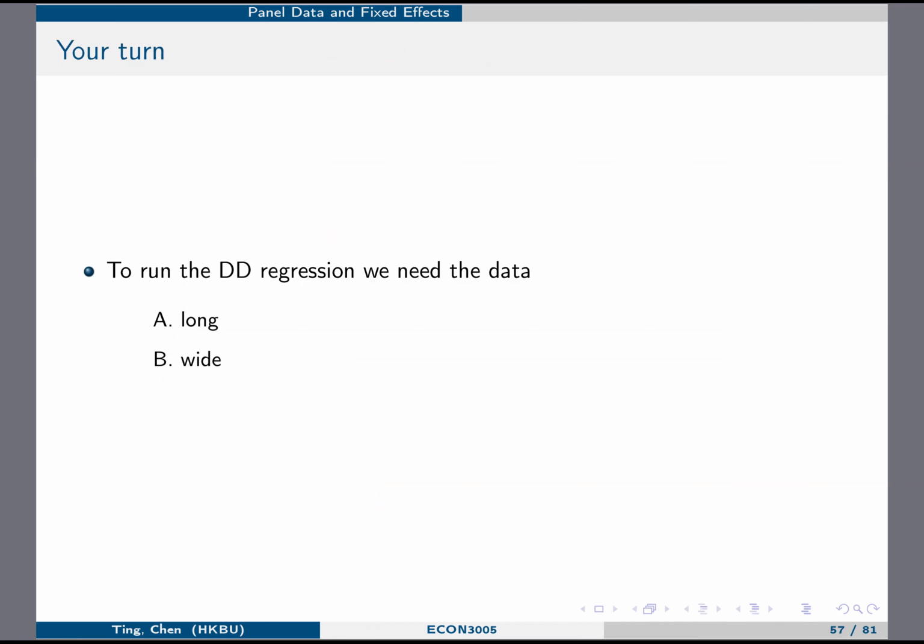So think about that: to run a DD regression, what kind of data do we need? Do we need long data or wide data? Think about that.